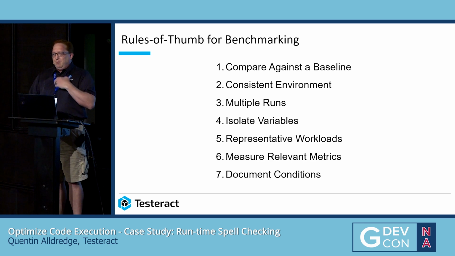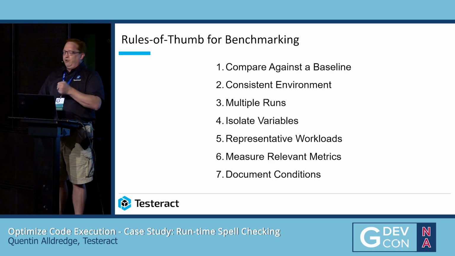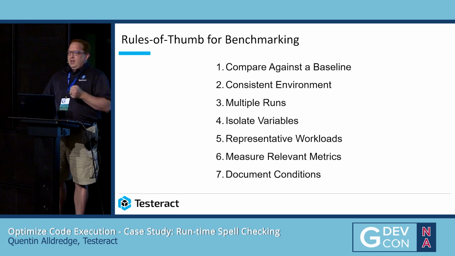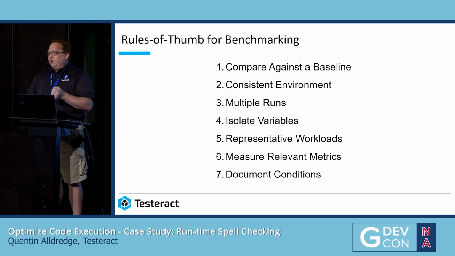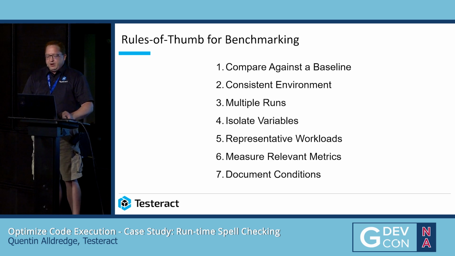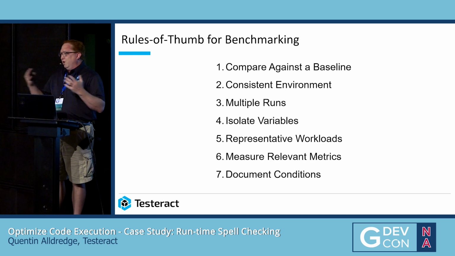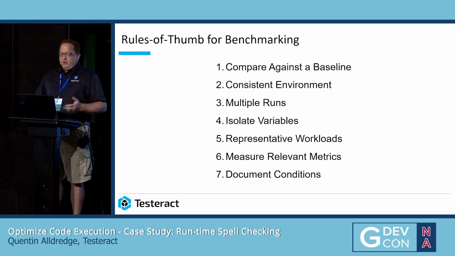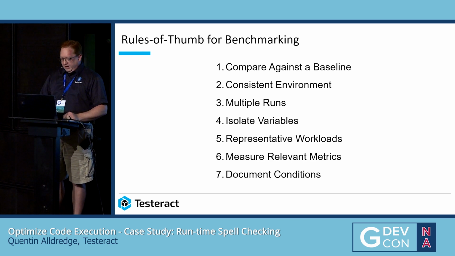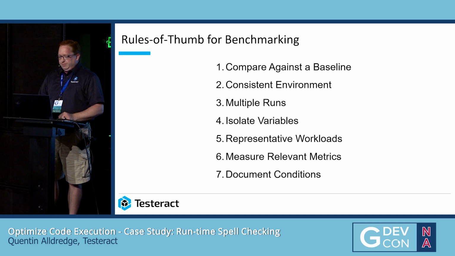For this example, I want to make fast, efficient code, so I'm going to measure time. Measuring CPU usage might not be the metric for this case. And then document your conditions. If you can't reproduce what you wrote for your benchmarking, then it doesn't help at all.